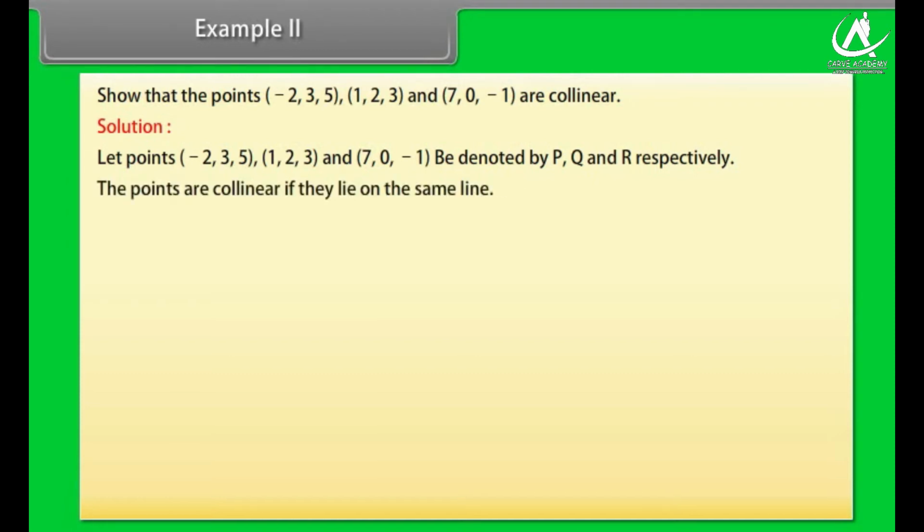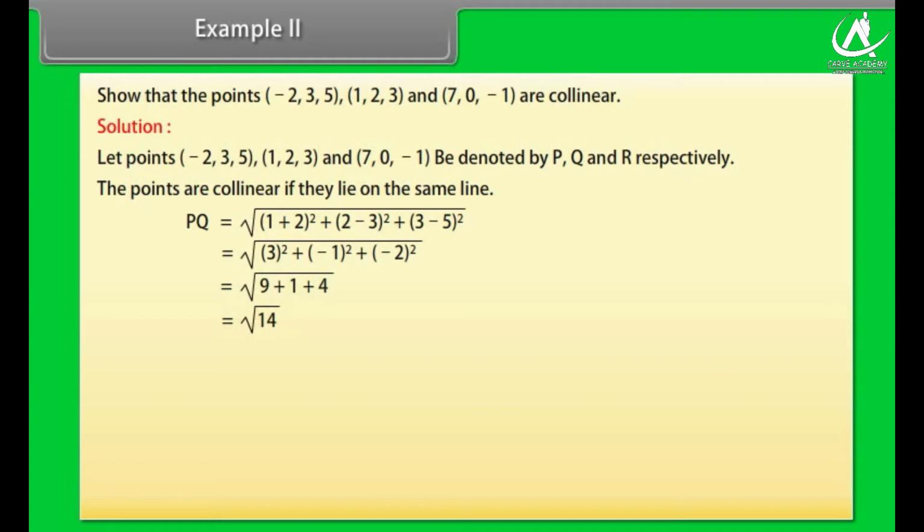The points are collinear if they lie on the same line. PQ is equal to square root of (1 plus 2) squared plus (2 minus 3) squared plus (3 minus 5) squared. After calculating PQ, we get square root of 14.